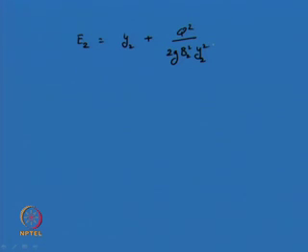So, from these two relationships, you can easily see that your specific energy is nothing but the depth of flow plus q by b whole square by 2 g y square. You can even try to analyze the quantities in this particular form.